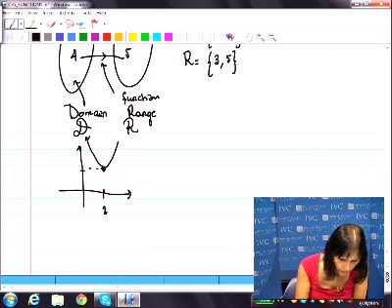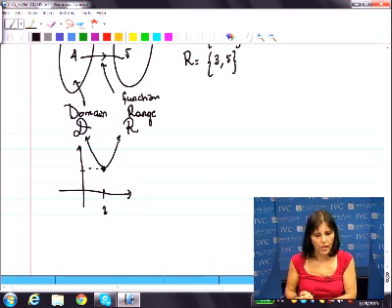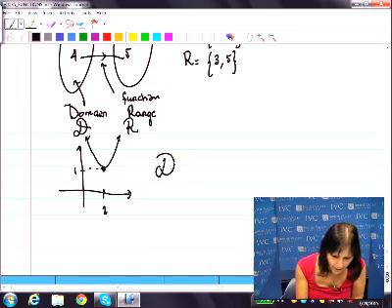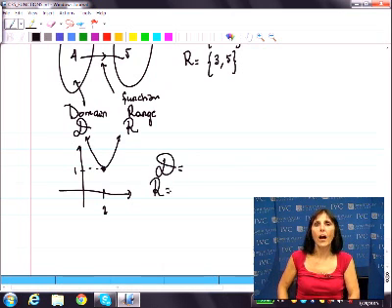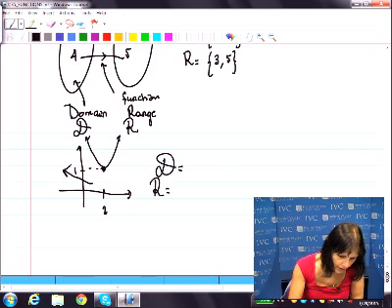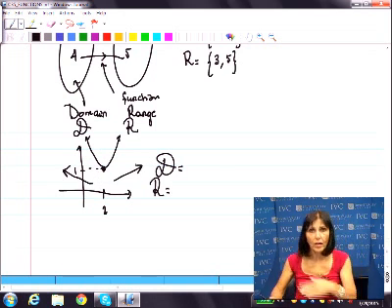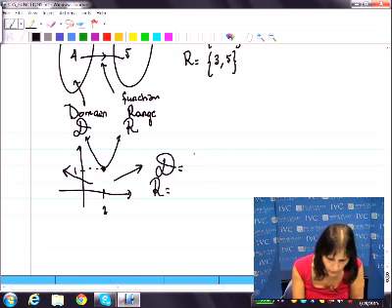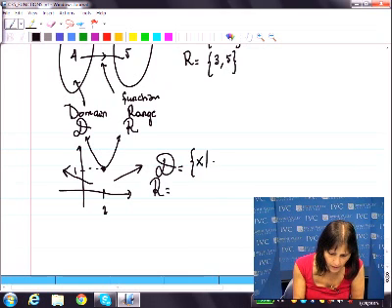It passes the vertical line test. Okay, and this is 1. So what is the domain, and what's the range? The domain is all the x-axis, because that thing goes forever that way and forever that way. If you look at the x values, it is all real numbers. You can write it like this: x such that x is a real number.